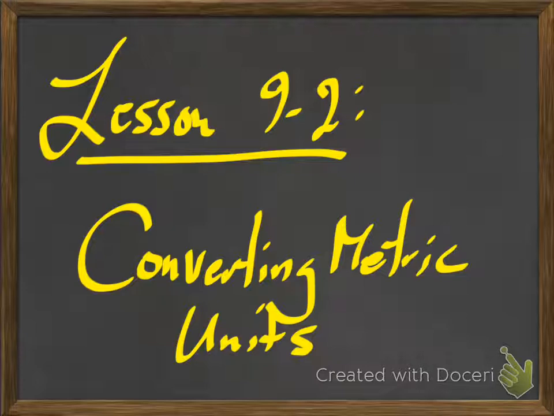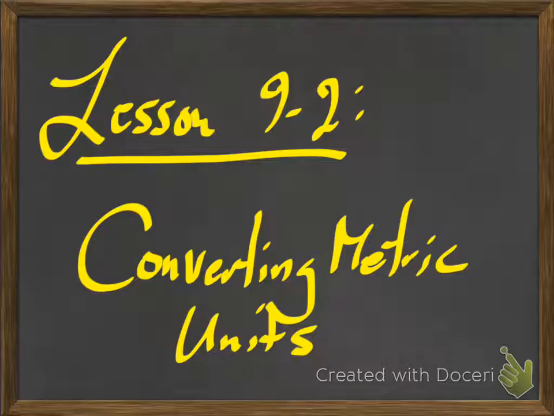Capacity is how much liquid something holds. In the customary system, we have things like teaspoons and tablespoons and cups and pints and quarts and gallons. Well, in the metric system, and that's all we're talking about right now, everything is based on the basic unit of liter. A liter is about the same as a quart, and if we want to break it down, we could talk about centiliters or milliliters or kiloliters if I want really big amounts.